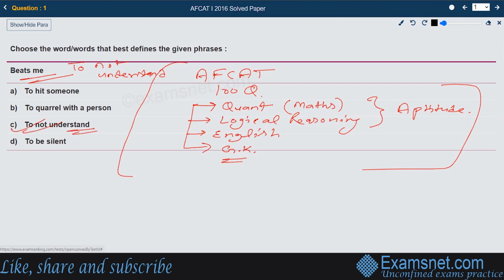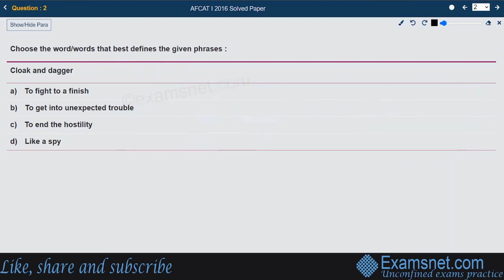Next question. Again, there is a phrase given, and we are supposed to pick the right meaning of it. The phrase is "cloak and dagger." It means like a spy. Option D, like a spy. If somebody works as a cloak and dagger to his wife, that means he is working as an investigating eye on his wife.